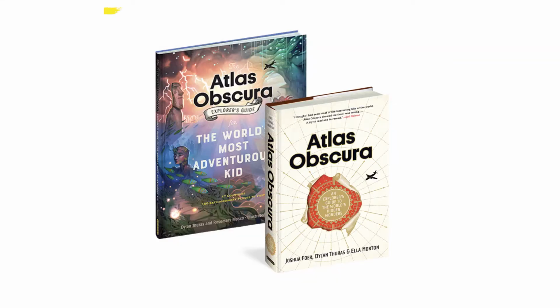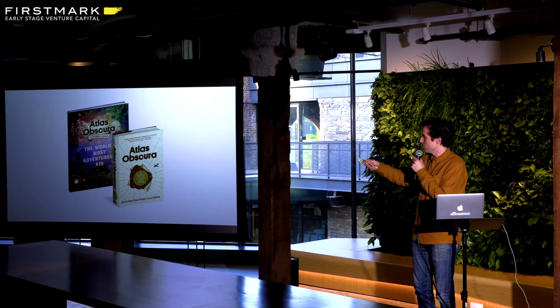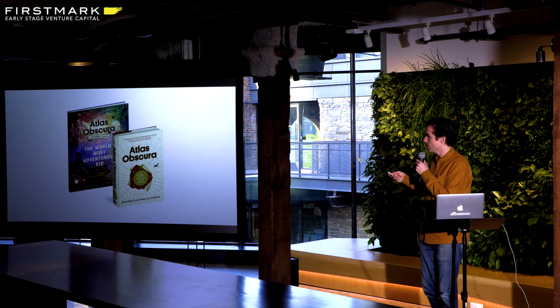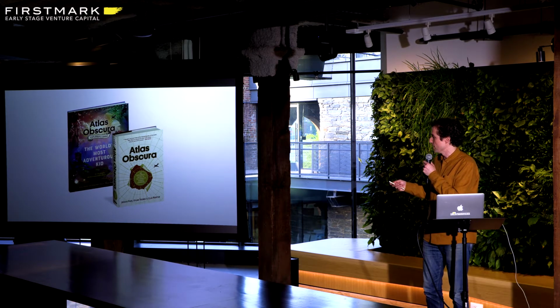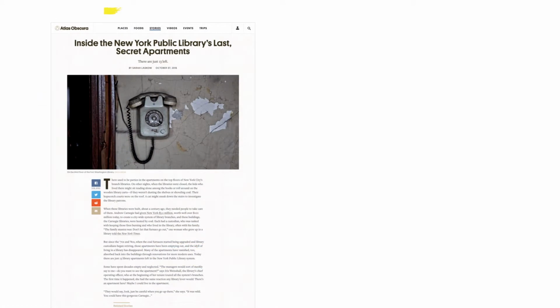And so we do a lot of other things. We have two books. The one on the right you might recognize. The one on the left is a recent kids book we released. Both were on the New York Times bestseller list. We write articles. The content is centered around these hidden places, incredible history, scientific marvels, all across the board.